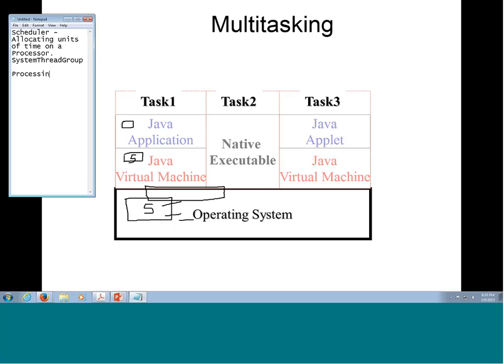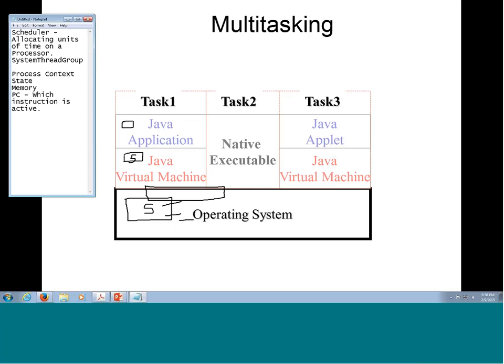But now let's look at process context. I think we all know what a process is composed of, right? It has a state. It has memory. And it has a program counter that tells us which instruction is active.